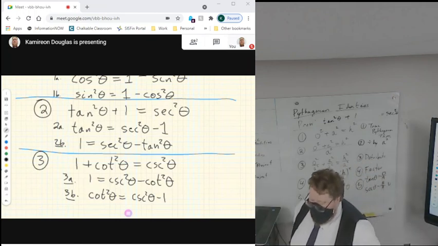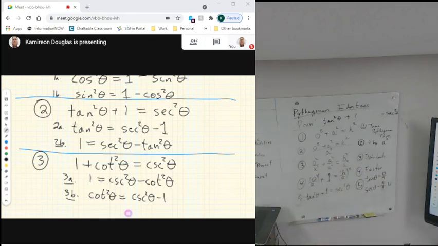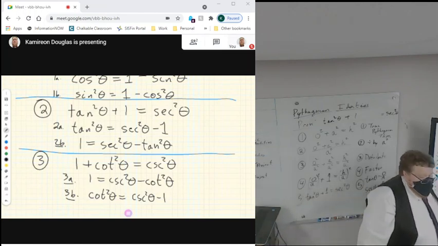There are 3 of these formulas listed on your cheat sheet. All 9 of these are true. They are all true because they follow algebraic manipulation directly from the Pythagorean theorem. That is why they are called Pythagorean identities. Again, the big 3 are on your cheat sheet. All 9 are true.